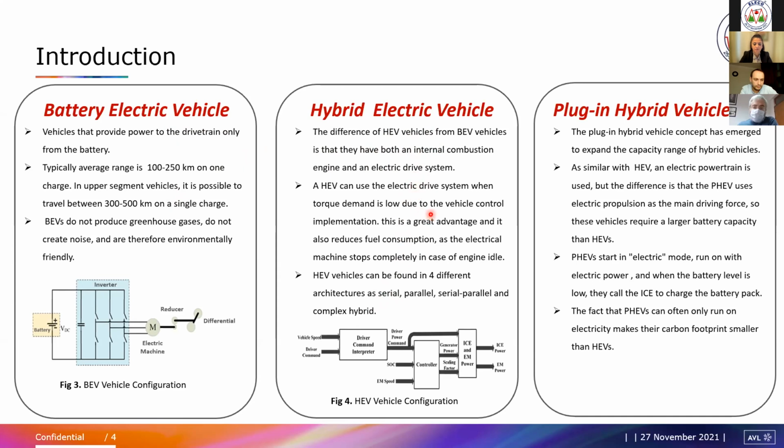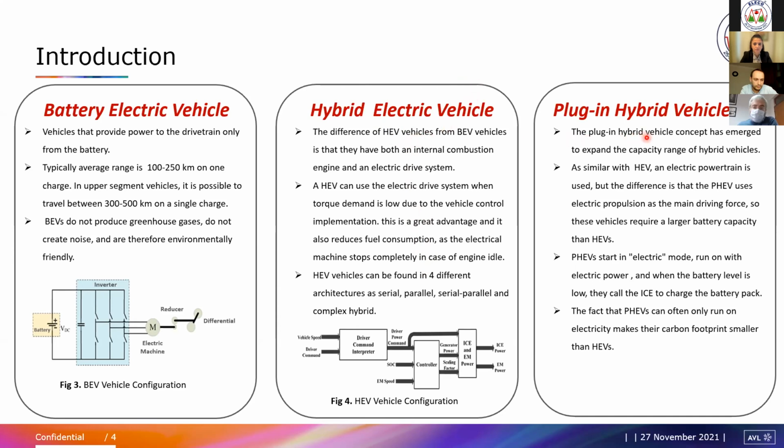Therefore, you need a more complex system. But the advantage is that you also reduce the fuel consumption, because you can use only the e-drive for this type of car, but with a limited range. I think this type of car is like a little bridge between internal combustion engines and battery electric vehicles, and today it's the most popular type of electric vehicle on the road.